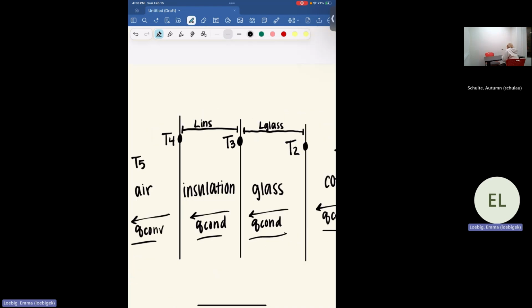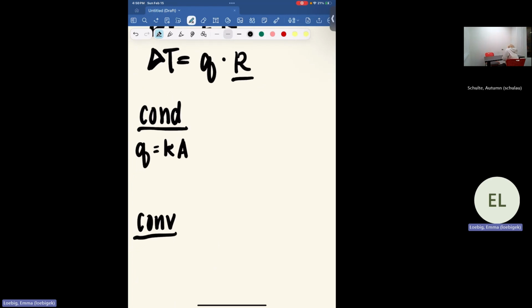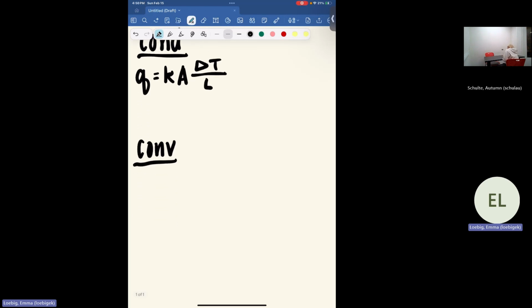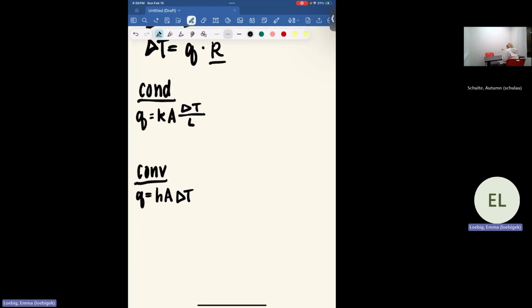And same for insulation, this was the change in temperature delta T over some thickness L. And for convection, we had our heat flow is equal to a heat transfer coefficient multiplied by the area multiplied by a change in temperature.